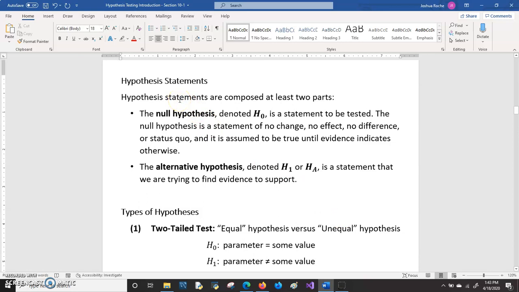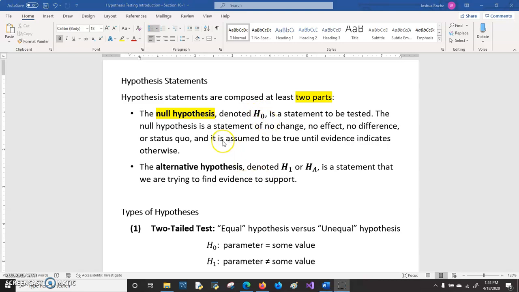Hypothesis statements are composed of two parts. One part of a hypothesis statement is the null hypothesis. And the null hypothesis is symbolized with this H sub 0.